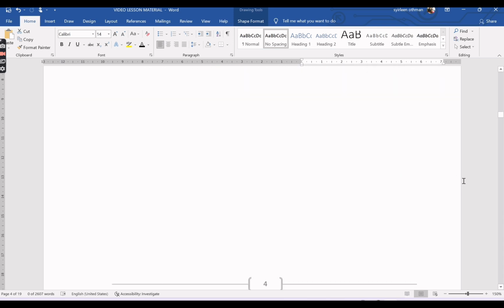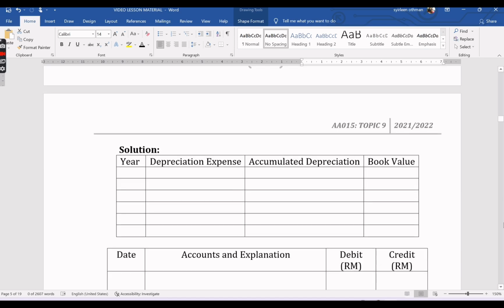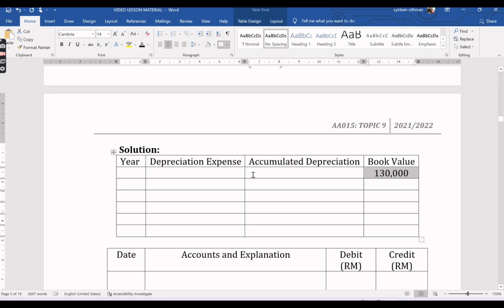All right, so we look at this table. How do we calculate the depreciation expense on a yearly basis? For the first year, that is the year 2011, I bought the asset at the price of 130,000.